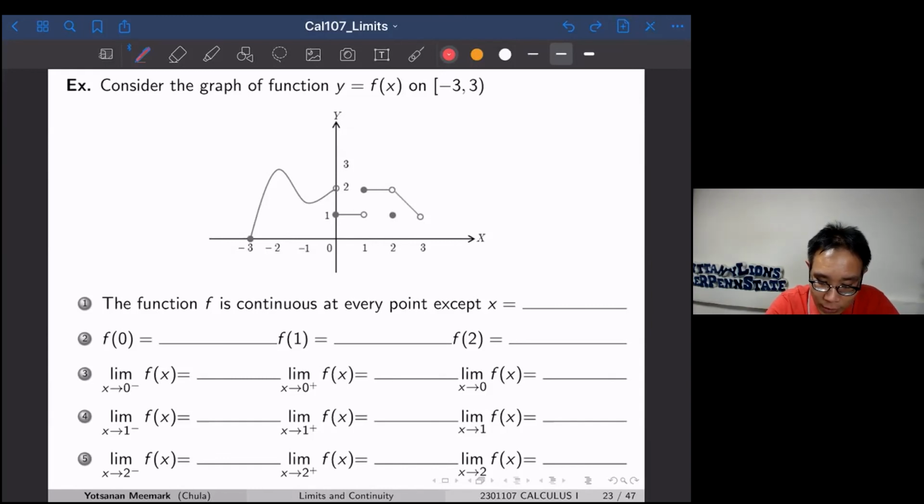And you see that at 0, you're going to get a jump. Okay, let me just write J. Okay, and here at 1 you're gonna get a jump also. Okay, and at 2 you get a hole, and at 3 you don't care because 3 is outside our domain. Okay, outside the domain.